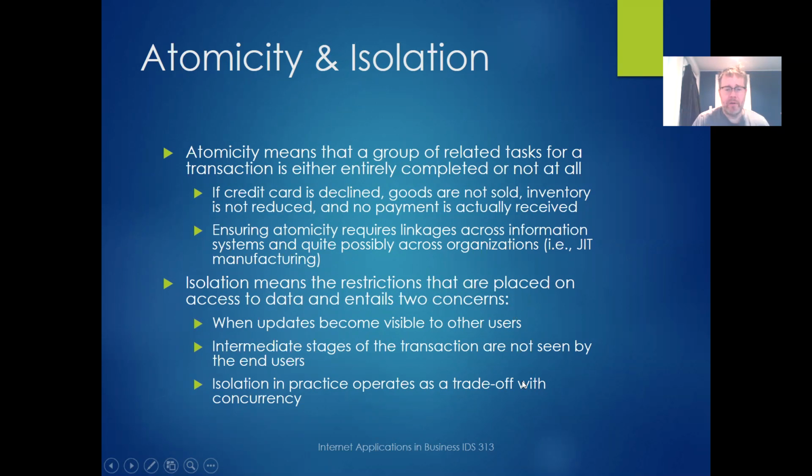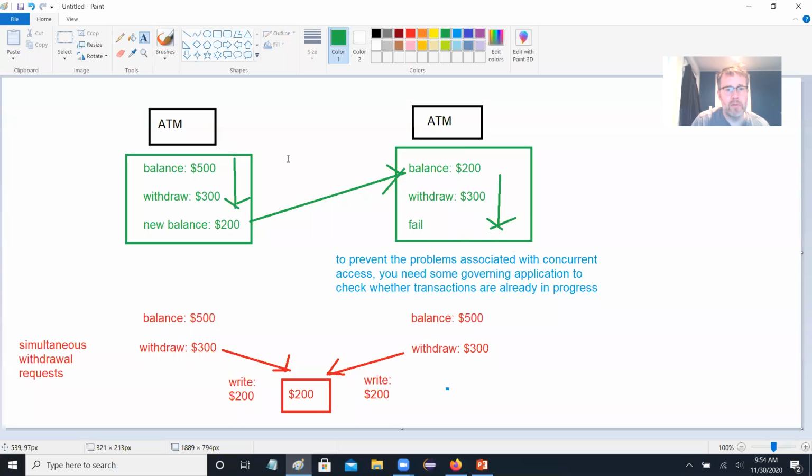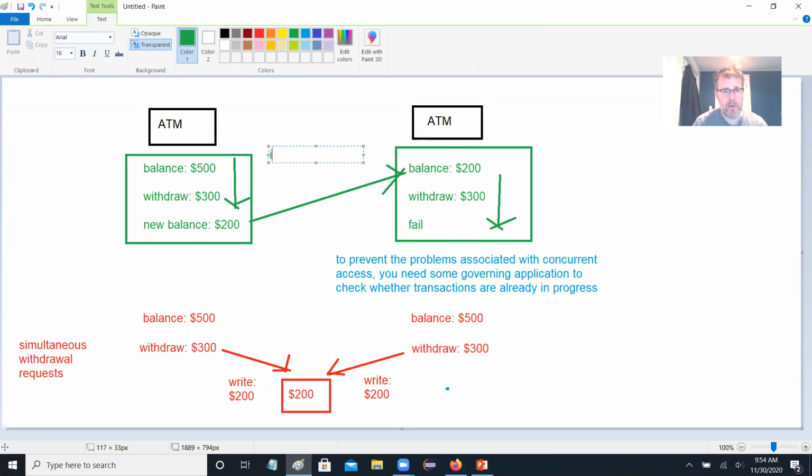So isolation is basically this. We talked about the ATMs. What we want is to have all transactions happen in a self-contained bubble. These are isolated transactions, which is to say this transaction is not affected by the second or any other ongoing transaction.